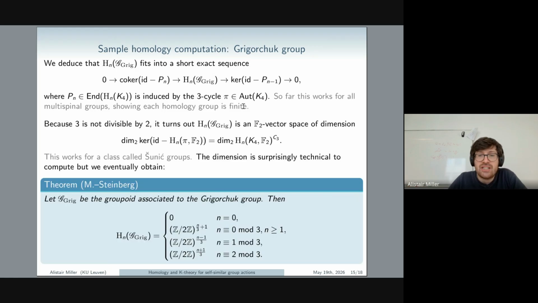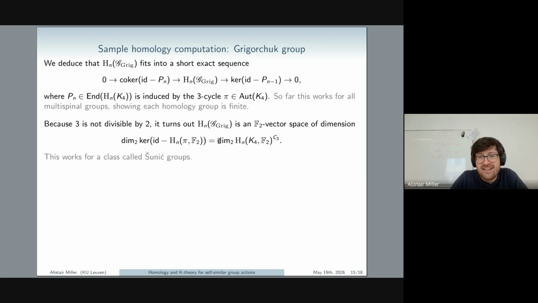I mean, okay, actually, so this dimension here, right? This is a question you could ask for someone who's just learned group homology, right? Because you have the homology of the Klein 4 group with F2 coefficients. F2 is my field of order 2, by the way. And now I'm taking the invariance of this.